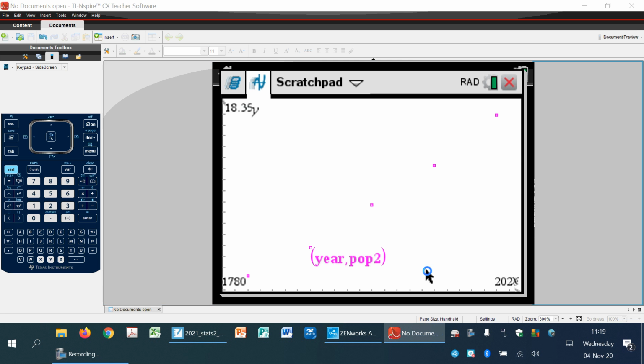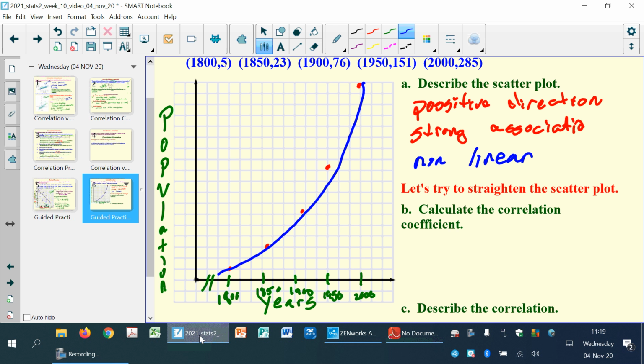So we need to go back and fix our graph a little bit. I'm going to go ahead and erase this one. Now it is the square root of the population, so we have to change the name of our axis.